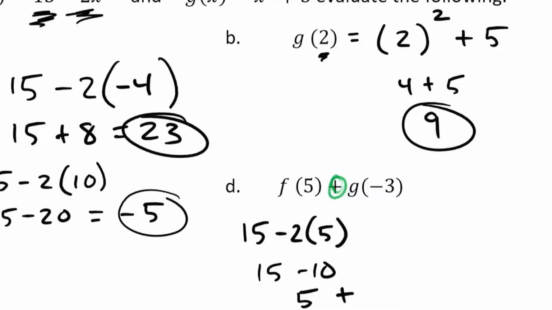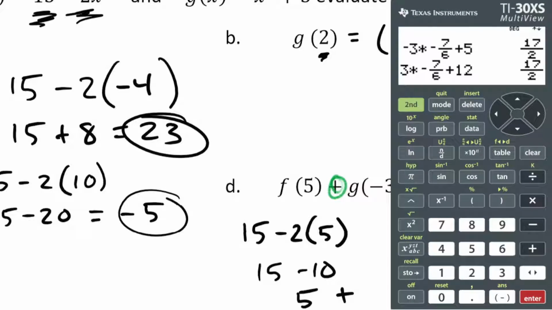So g of negative 3 looks like this, and this is where the parentheses are really important. It's going to be whatever x is squared and then plus 5, because I need to square x, right? Squaring x in this case means I need to square the negative 3. And I think I've talked about this in class. If you look at these calculators, they do these exactly right. So the notation matters.